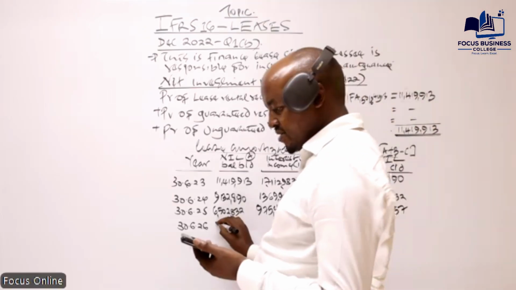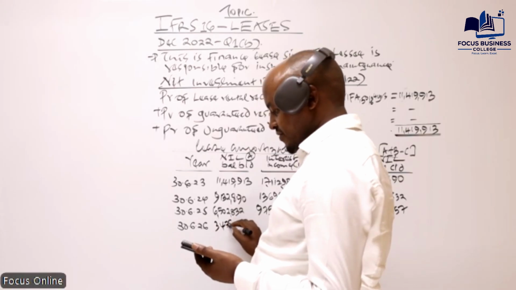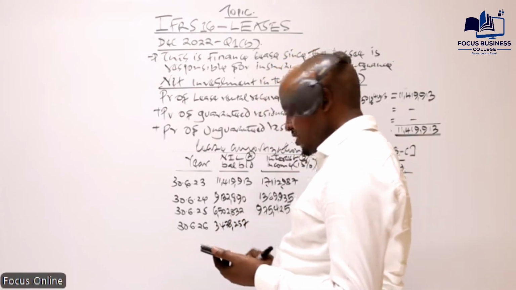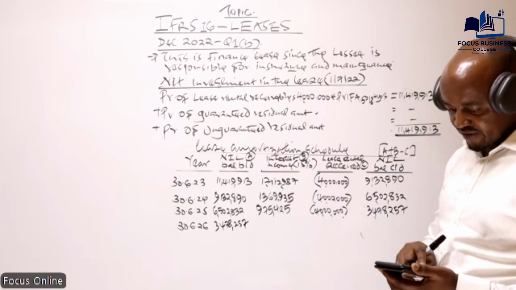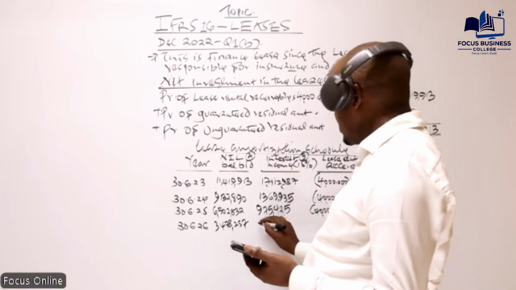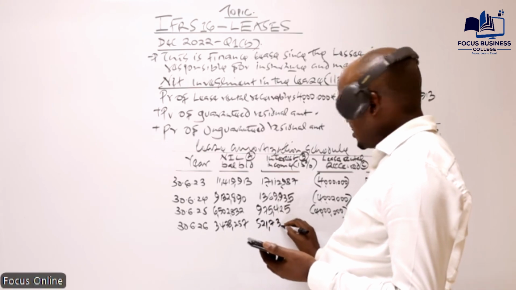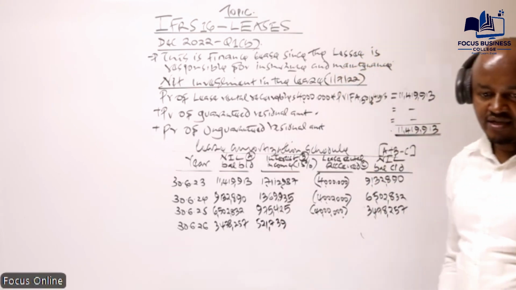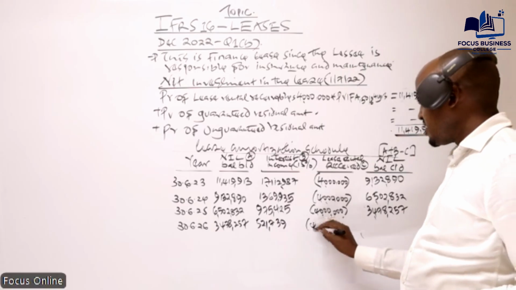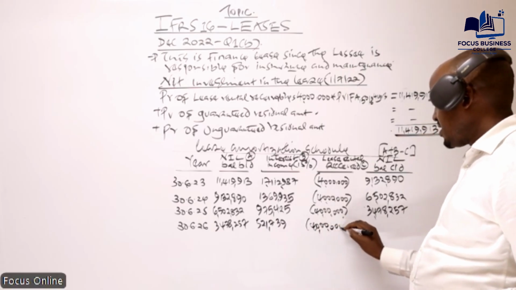So that will be the opening balance. So what will be the interest? 15% of that, which will be 521,739, something like that. The amount which was received at the end of year 4 is basically 4 million.